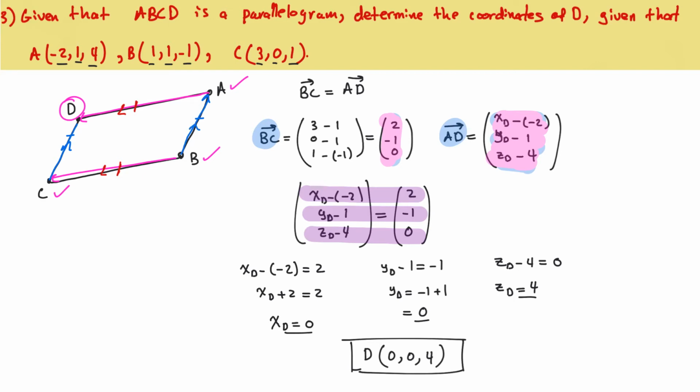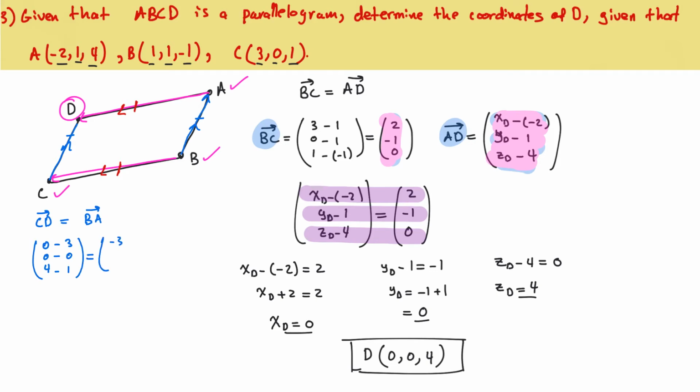So in this case, vector CD needs to equal vector BA. For vector CD, I'm going to take the x, y, and z components of D, 0, 0, 4, and subtract them from C, that's 3, 0, 1. And we are going to check that one.